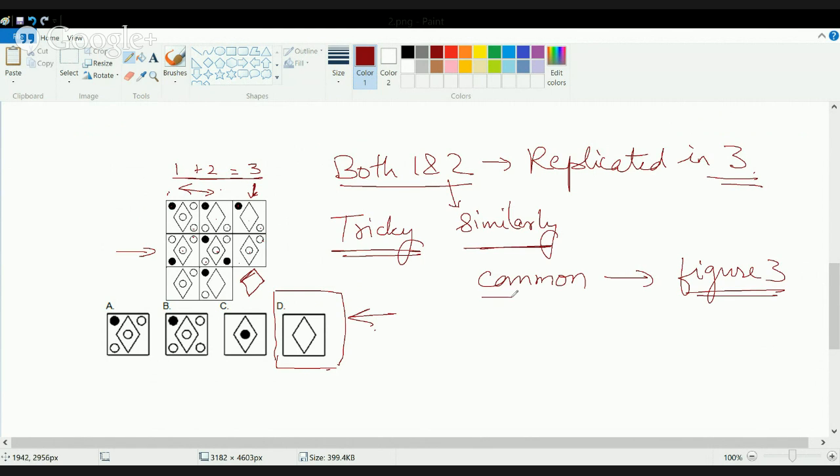And to be very specific here, whatever is common in both the figures of the same color. Okay, as we can see in row 2, this is black, this is white, but this is not replicated. So only those things that are common and have the same color are replicated to figure 3.